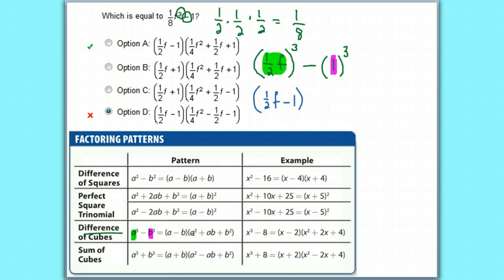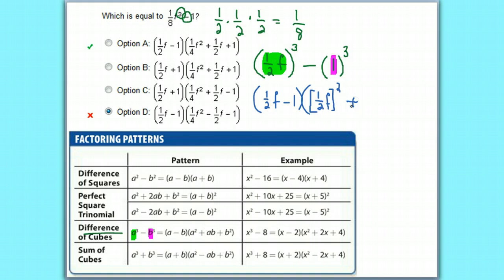Then 1/2 f squared. Now the trick here is you already have parentheses. You're going to put 1/2 f squared. You want to square that whole thing. So we're going to actually take 1/2 f times 1/2 f to simplify that. We'll do that in the next step.